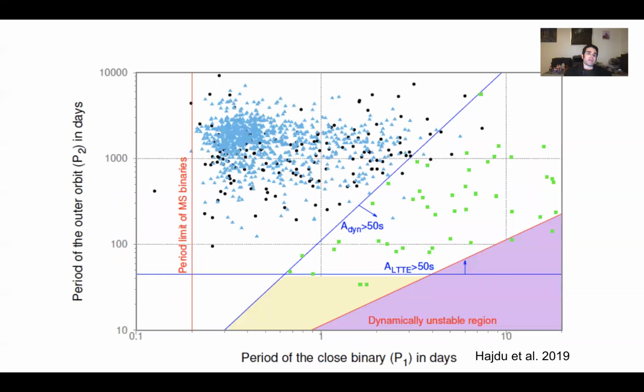And this is this plot again, and this is to show that you have this different unstable region right here in this purple zone, where you cannot have binaries with too small a ratio of the tertiary to the close-in binary.